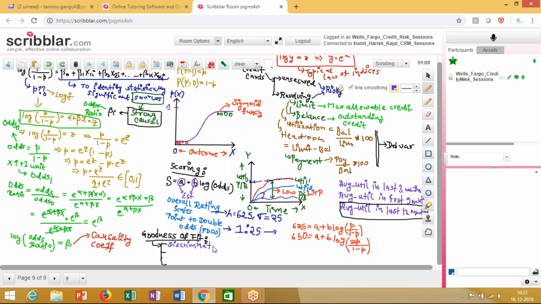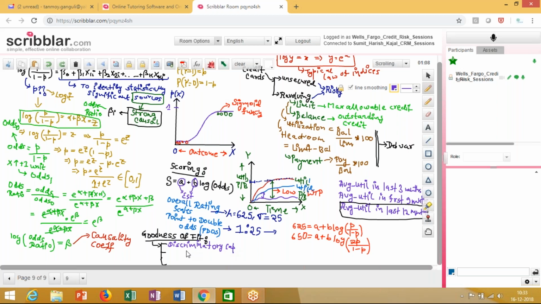When I say discriminatory capacity, what I mean is how good or how bad the model has been in terms of the model development exercise. Right? So the discriminatory capacity of the model.